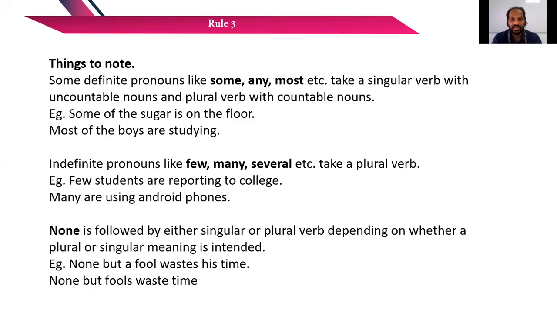So when we are using some, any, most with uncountable nouns, we use a singular verb, and when it is with countable nouns, we use a plural verb. Examples: some of the sugar is not countable, so we cannot use plural there. Some of the sugar is on the floor.